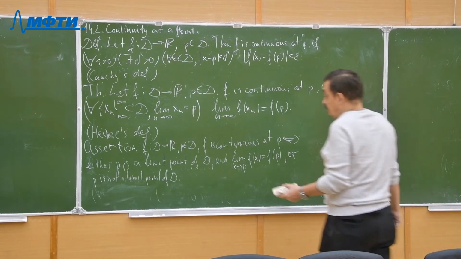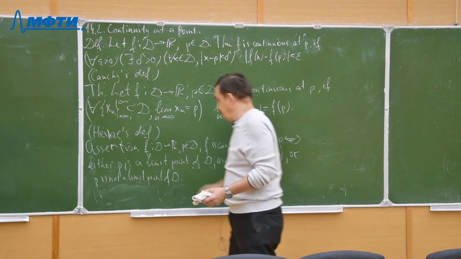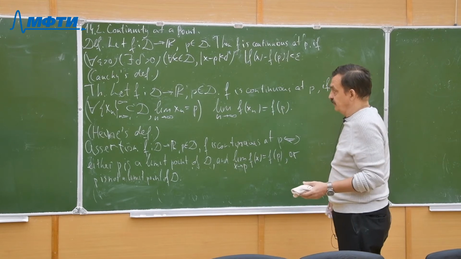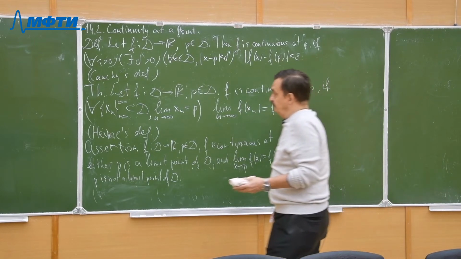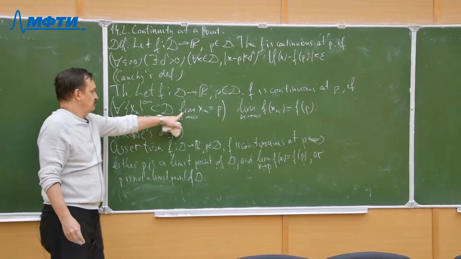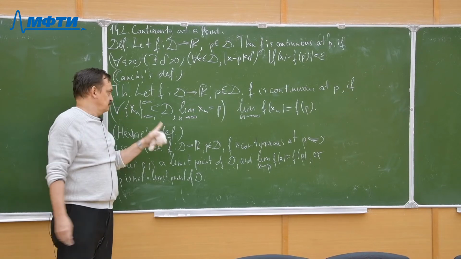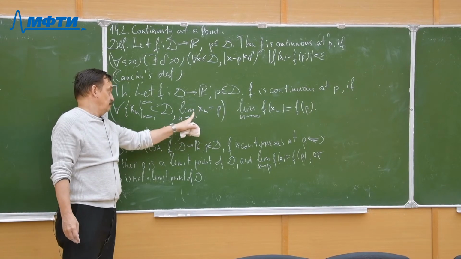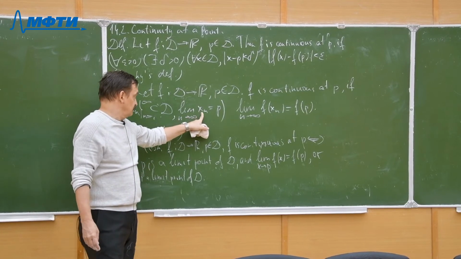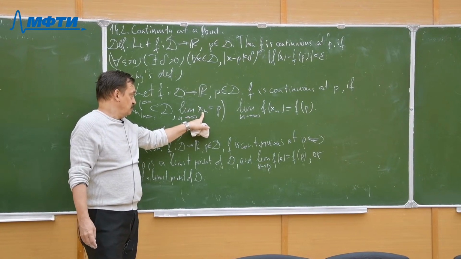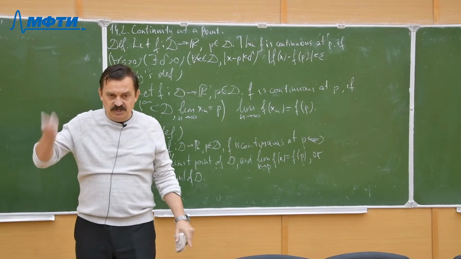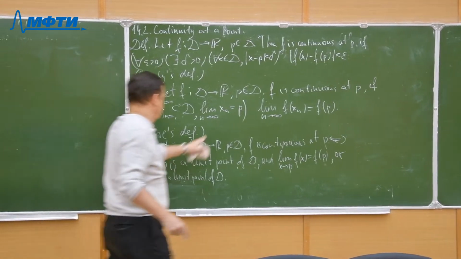Or if p is not a limit point, then f is continuous for sure, right? And in fact, this is also true. Why? Because now there is only one sequence x_n which tends to p, namely the sequence which consists of the point p only: p, p, p, p, p, and so on, nothing else.